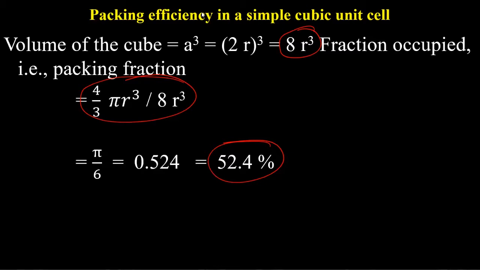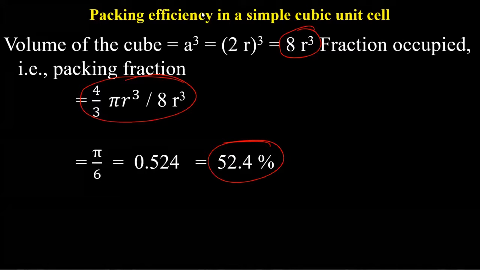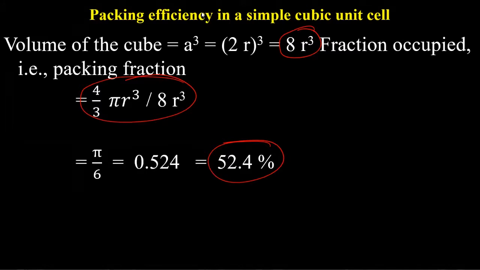So packing efficiency is the occupied part, which is the atoms' volume, divided by the total volume, which is the volume of the cube. The volume of the cube in all cases will be a cube. However, the occupied part will change, whether the total contribution is 1, or 1 plus 1, or 1 plus 3.